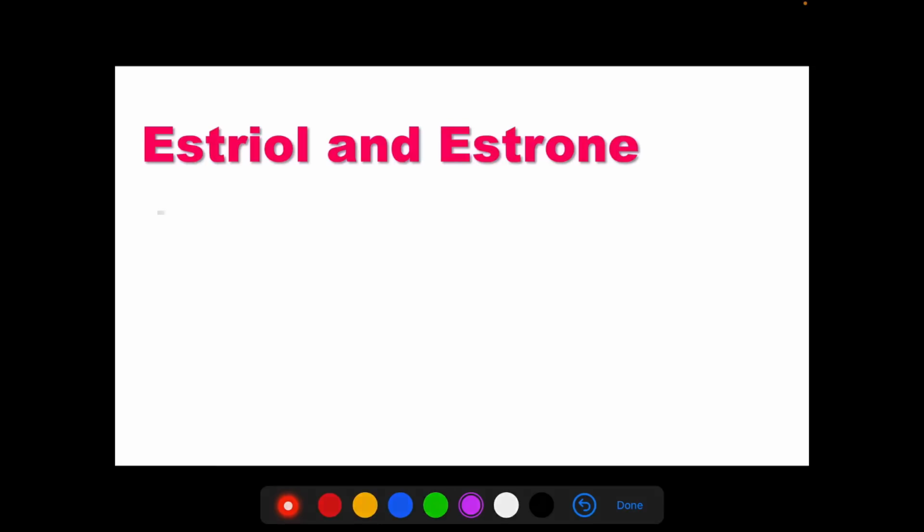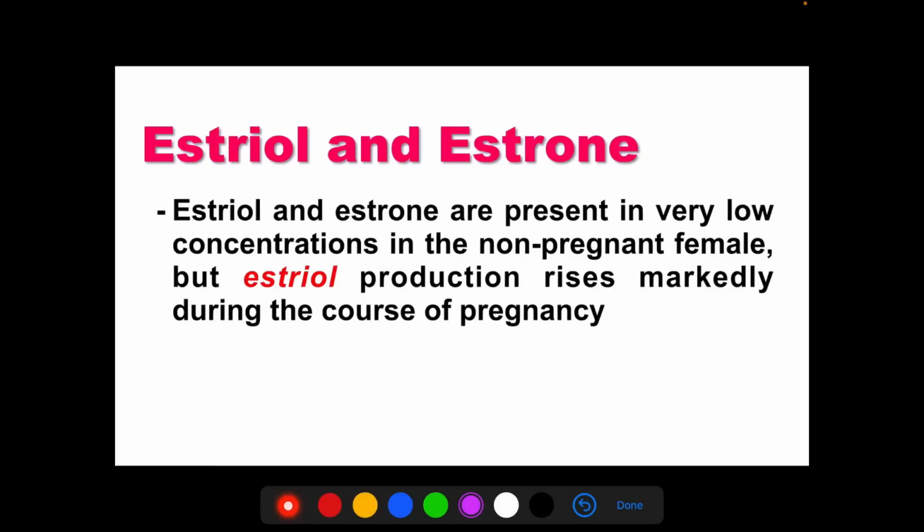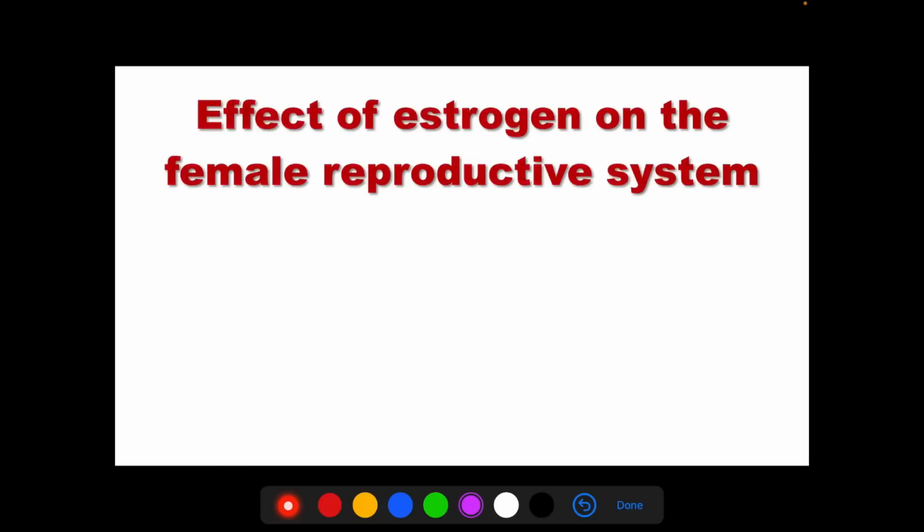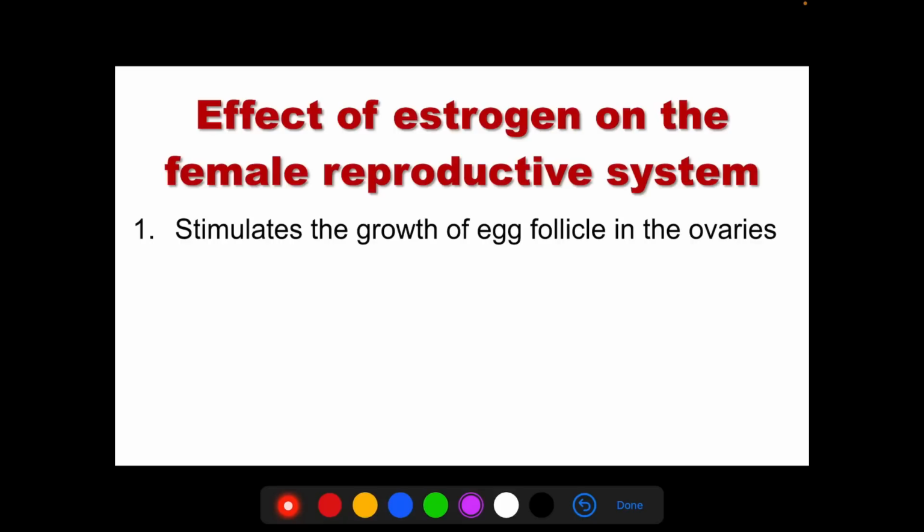Estriol and estrone are present in very low concentration in the non-pregnant female, but the estriol production rises markedly during the course of pregnancy. And what are the effects of estrogen on the female reproductive system? Number one, it stimulates the growth of egg follicles in the ovaries.